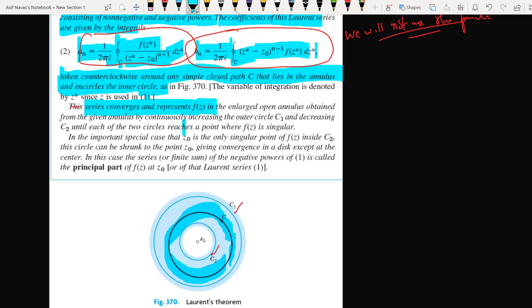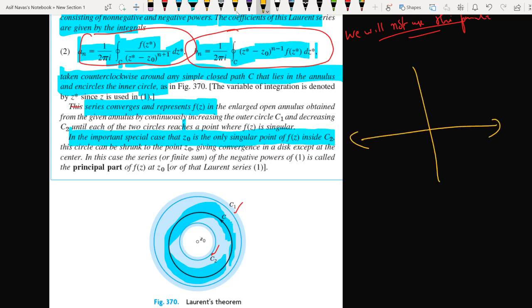Now, an important special case: if z naught is the only singular point of f of z inside C. So this is our annular region.